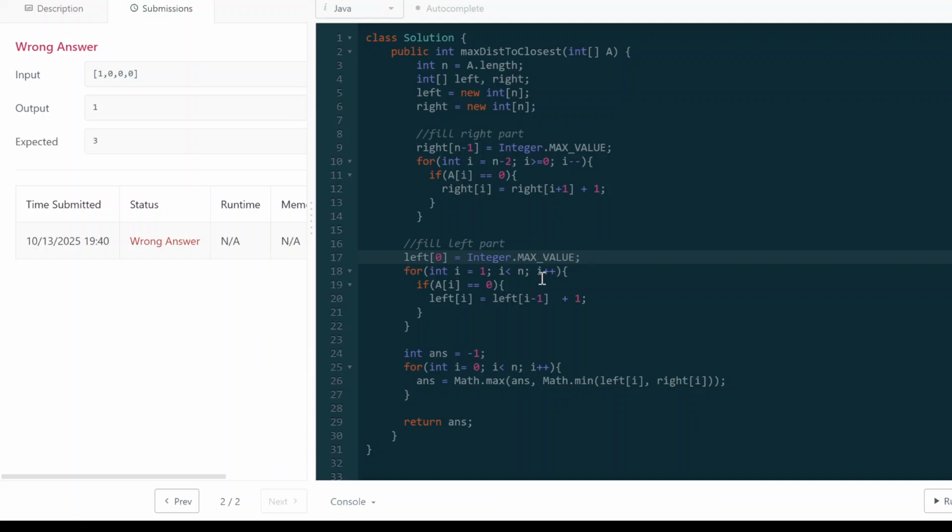But just one issue here. Now, if I equals 0, I'm checking for the very left part, and if it is a max value, I'm doing plus 1, that will go out of bound. So I need to handle that also. So for this zeroth part, that will be Integer.MAX_VALUE, and that's fine.